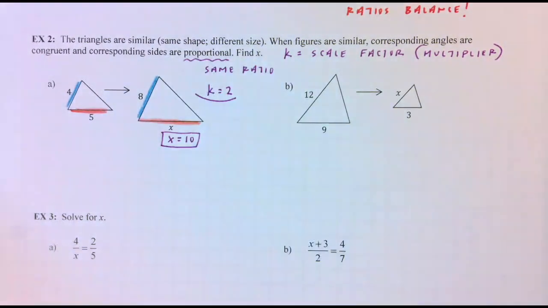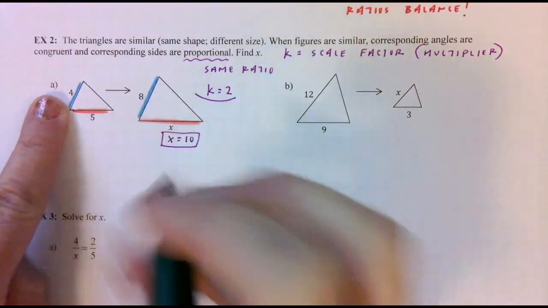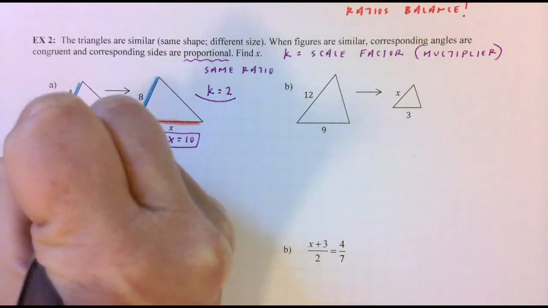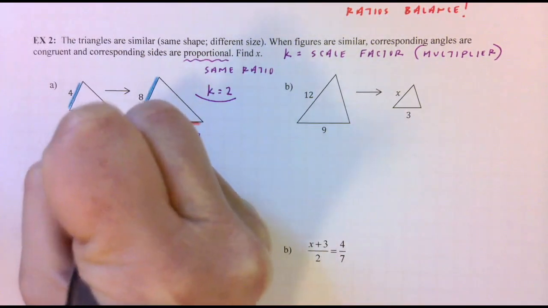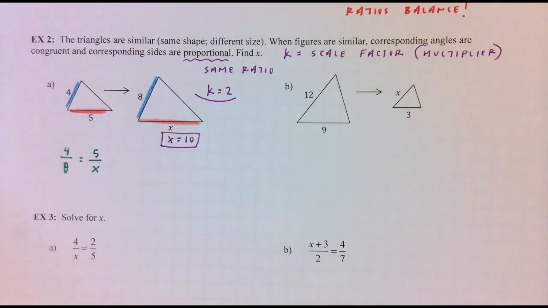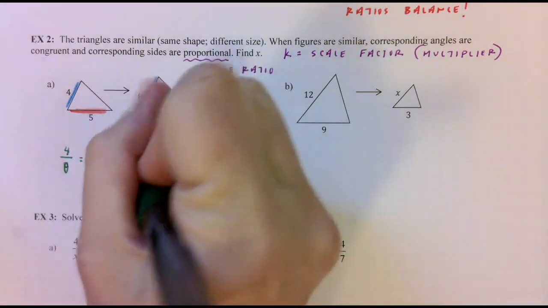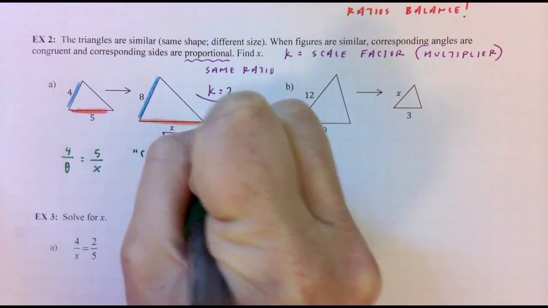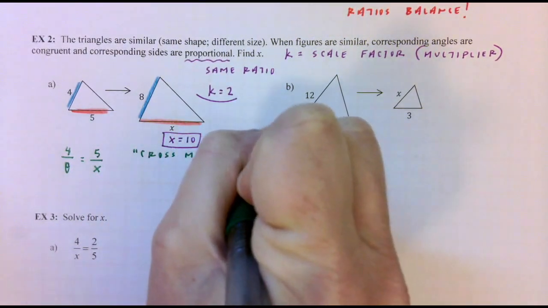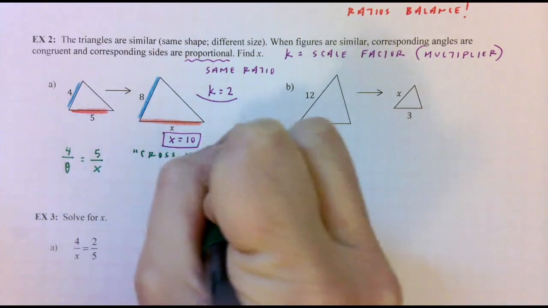Pretty simple. But another way that you can solve is you can build a proportion. So I could say something like 4 is to 8, I'm just linking up the corresponding sides, as 5 is to x. And once I've built this proportion where my ratios are the same, I can cross multiply to clear fractions.